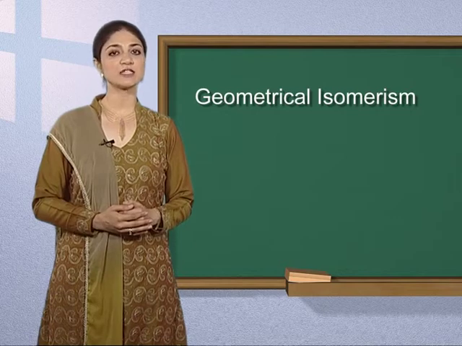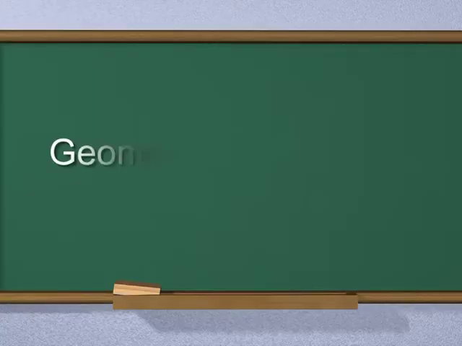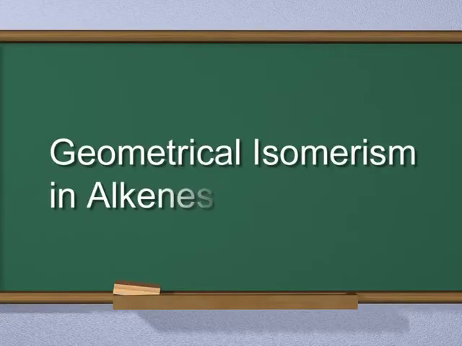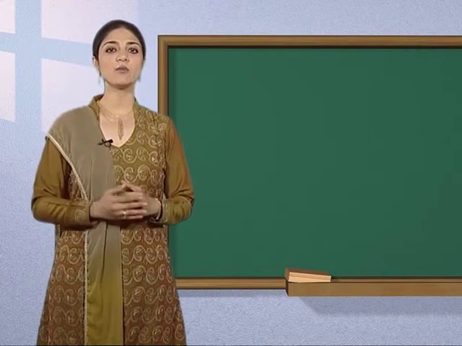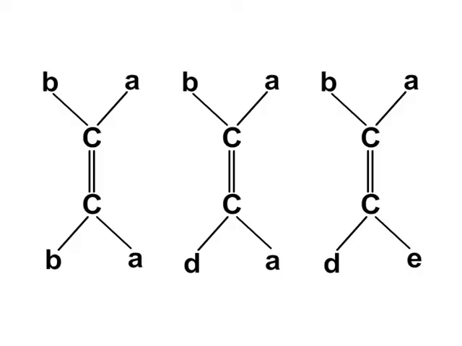Now let's see how it is exhibited in different compounds. Geometrical isomerism in alkenes. A given alkene can exist in two different configurations if its formula meets the requirements shown on the screen. For an alkene to exhibit geometrical isomerism, it should have any of the general formulas as shown on the screen.